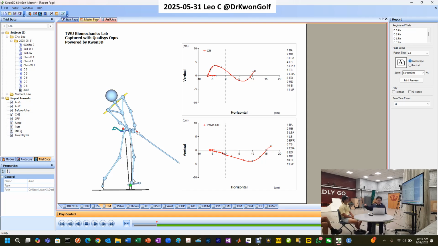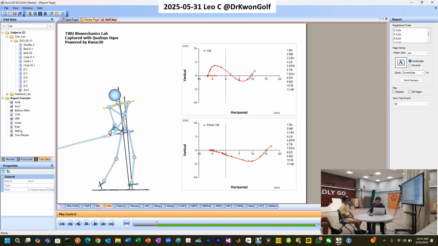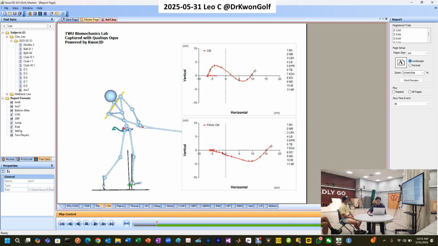It's because your backswing is slow and you try to do a lot of things. In the downswing, you are sliding the pelvis quite a bit. Your body is bent like this. And also the foot moves because your ankle cannot resist this because you're sliding too much.